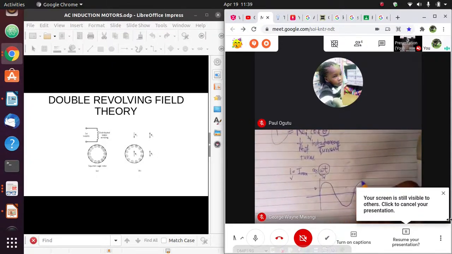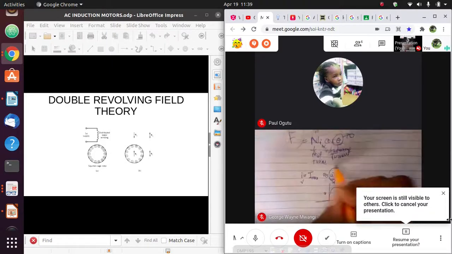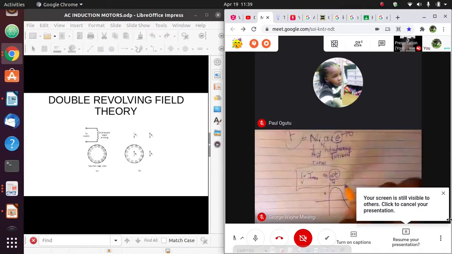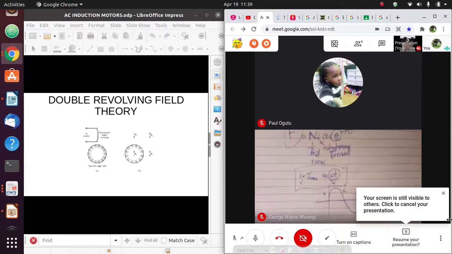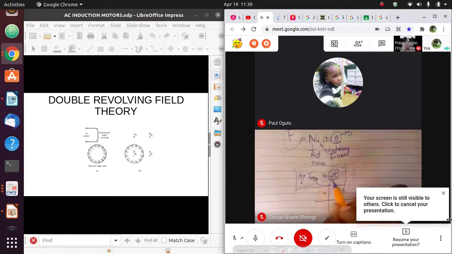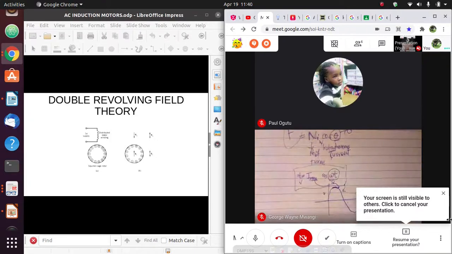Remember, this is a sinusoidal wave. Now this is the general equation of a sinusoidal wave. In this case, since you're talking about current, I max is the maximum, the amplitude, the peak value.